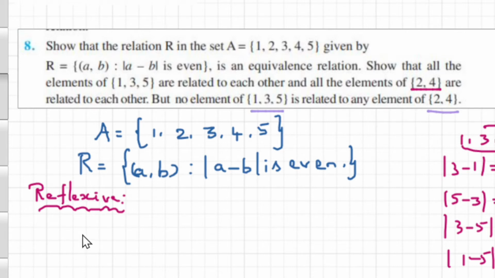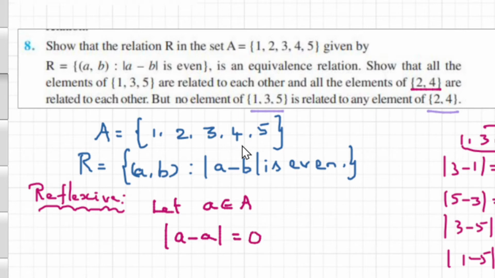Okay, so first of all, we can prove the reflexive. So reflexive, we know that for any a belongs to capital A, we can have any element. Then if we have the modulus of a minus a, for example, if we select 2 minus 2, that is equal to 0.